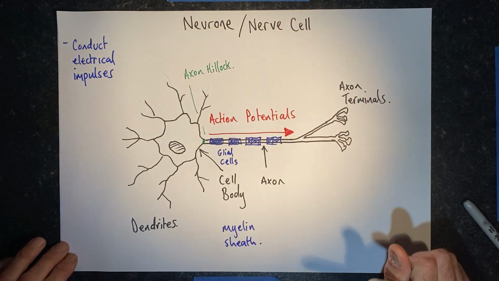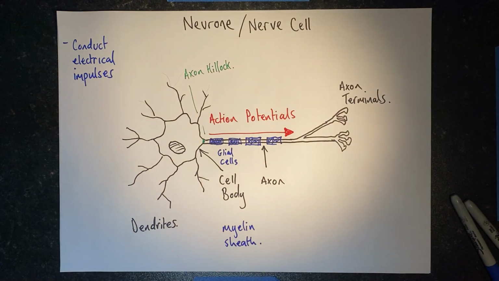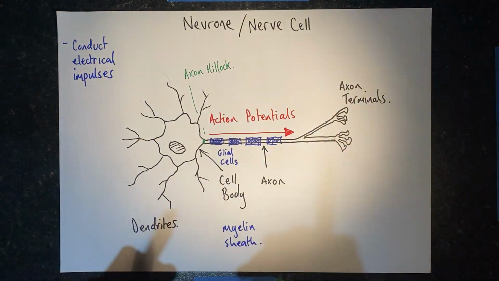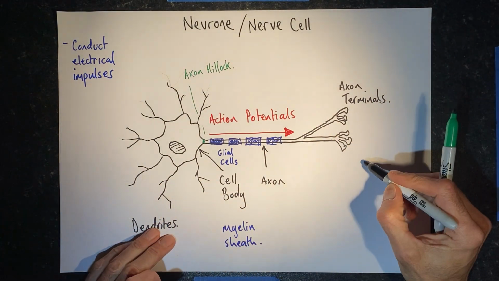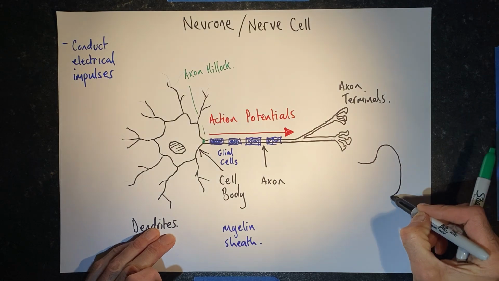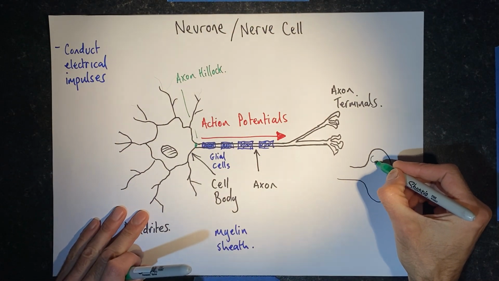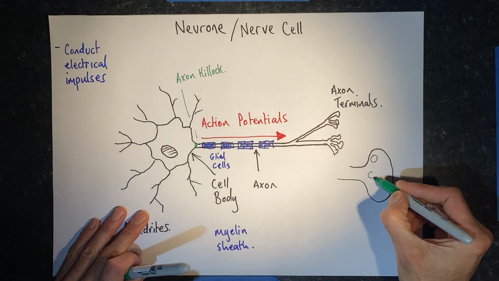So as we progress towards the axon terminals, another key thing we need to be aware of is in the axon terminals, let's do a little zoomed in terminal, we will have structures known as synaptic vesicles.